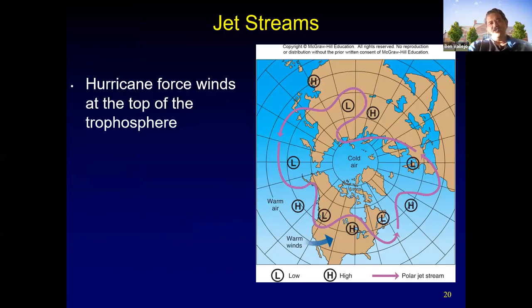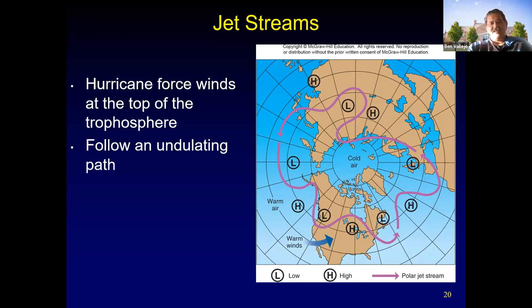Here's a slide on jet streams, and it's not just the air on the ground that we're interested in, just like it's not only the circulation of water at the top of the ocean. We need to look at it as a three-dimensional object. It says here that hurricane force winds at the top of the troposphere are what the jet streams are.